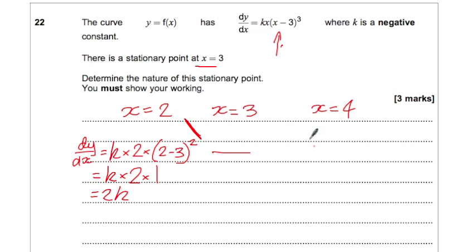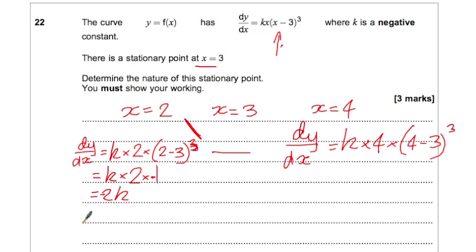Okay, so it looks like it could be a minimum point, it might be a point of inflection, depending on what happens here. So if I sub in 4, we've got k times 4 times (4 minus 3) cubed. Just realised I made a mistake here, so I put squared here. That should be cubed, which changes it drastically because this becomes a minus, so this will actually be minus 2k, and minus 2 times a negative number will be positive.